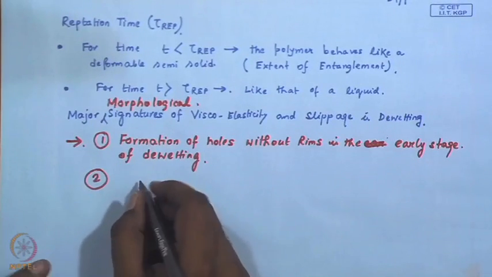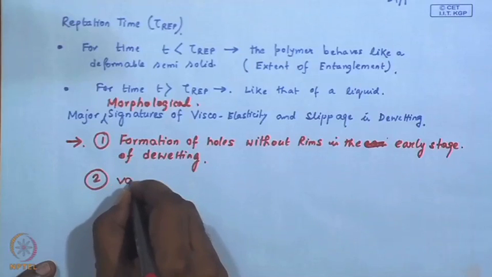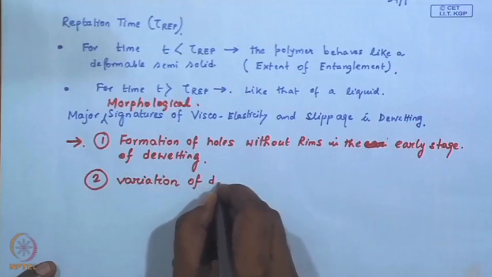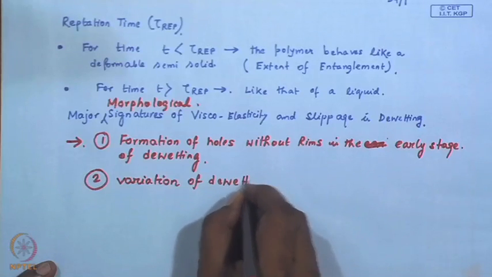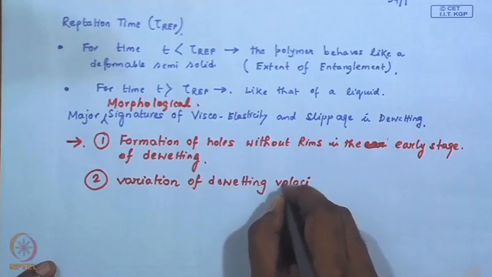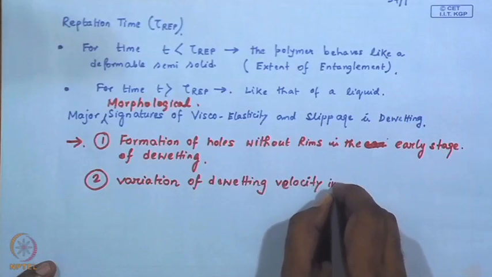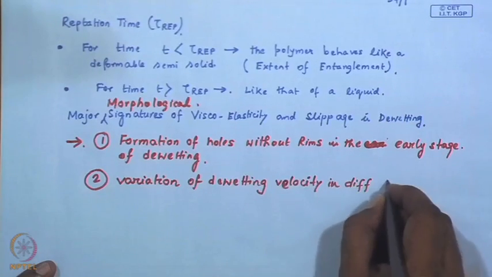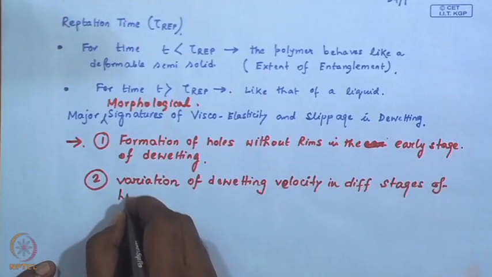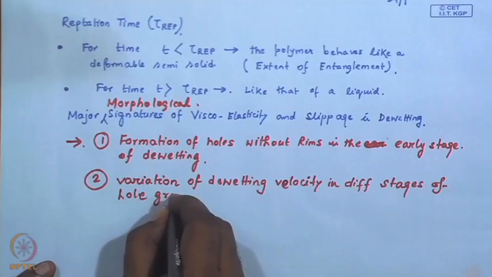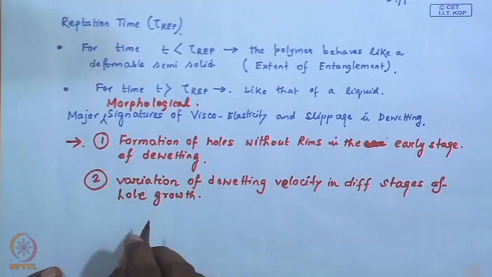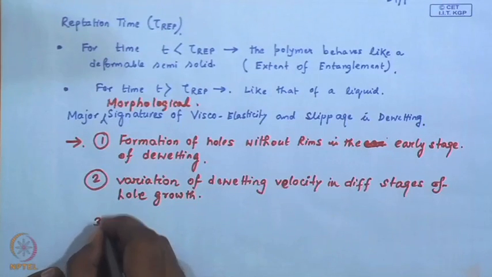Variation of dewetting velocity in different stages of hole growth. Formation of highly asymmetric rims.